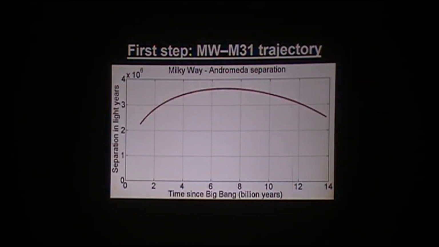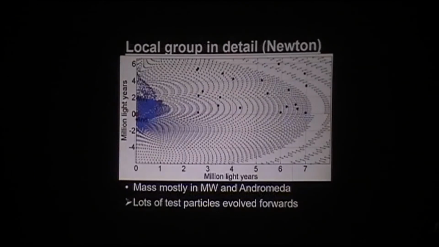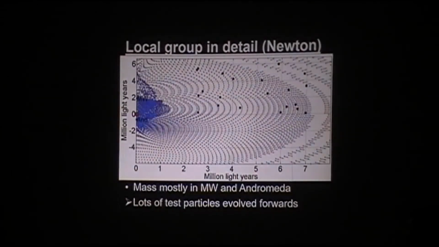Yeah, the first step is relatively simple. You obtain the trajectory for the Milky Way and Andromeda. Then you get something looking like this, so the black dots are real locations of galaxies. The red dots are just simulation particles. The arrows show their velocities. So you can see you've got the Milky Way and Andromeda there, and the simulation traces out the velocities everywhere.